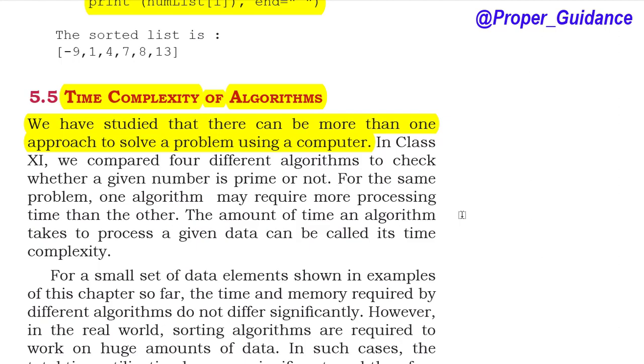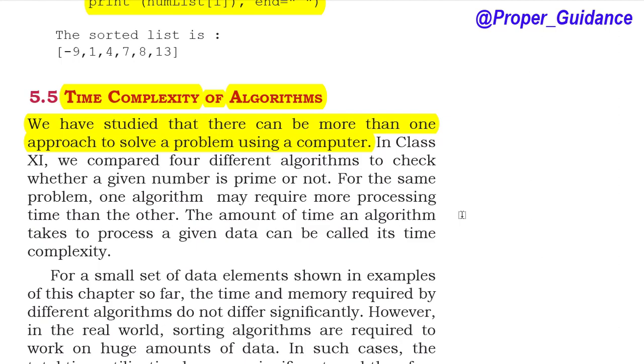So there are different matters, different things we have to think about, and this is also considered in computer science and data structure. There are so many algorithms to order the list, but which algorithm is applicable in which condition, in which situation, you have to consider with the help of complexity of algorithm.